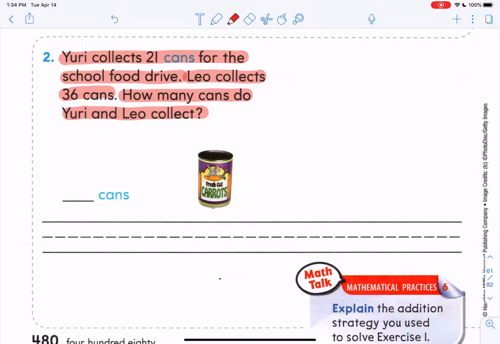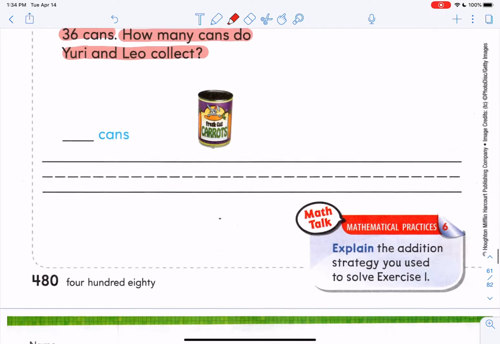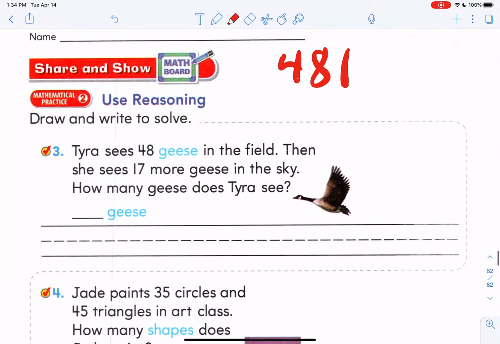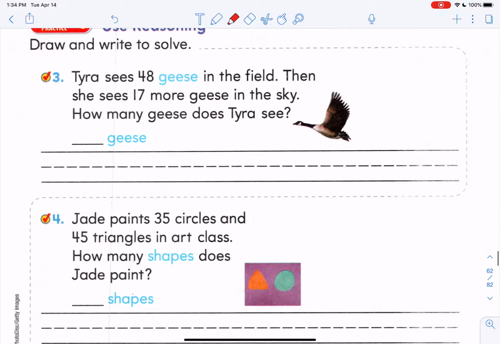You're going to do the next page as well, because that was really only 2 problems. So you're going to do page 481. Don't worry, I'll read these for you. Here we go. This problem says, Tyra sees 48 geese in the field. 48 geese. Oh, that's one goose, but she sees 48.